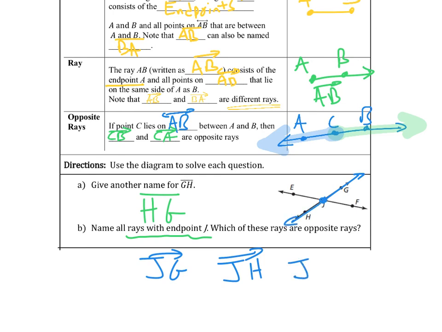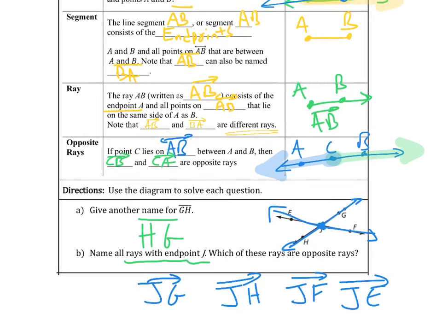We've got one that goes from J to F. And we got one that goes from J to E. All right. So that's how we work with those. And we'll use that in class to talk about points, lines, planes, line segments, rays, and opposite rays.